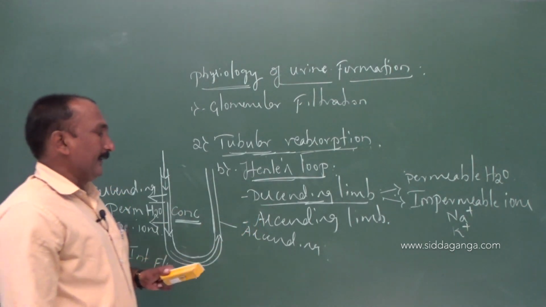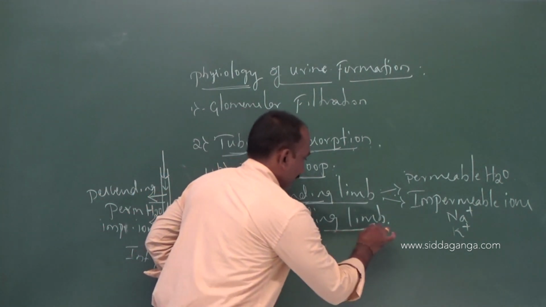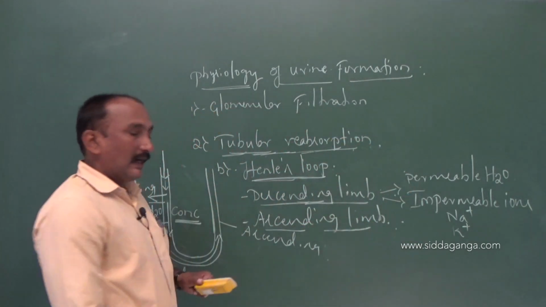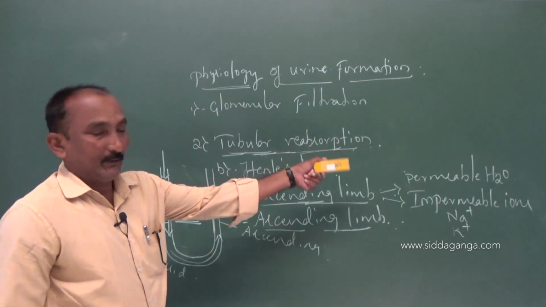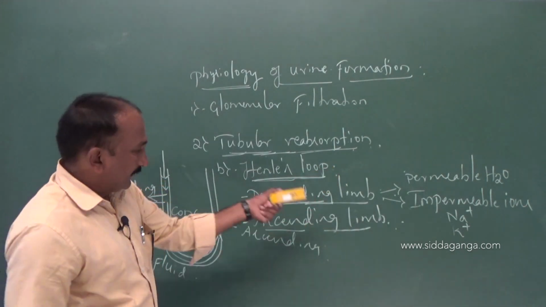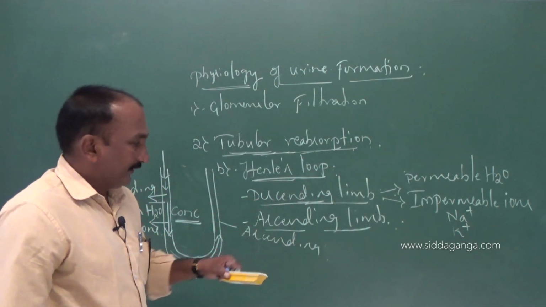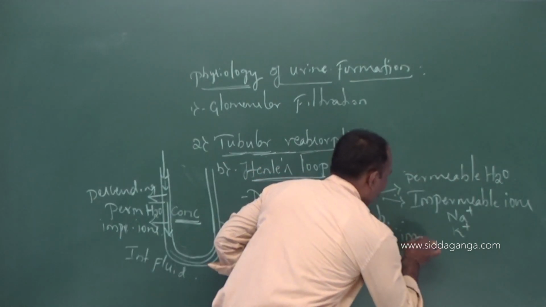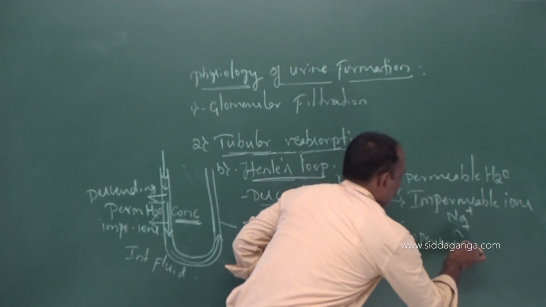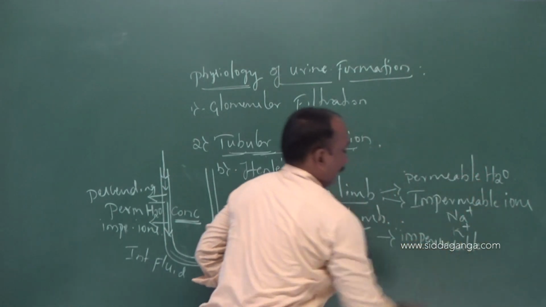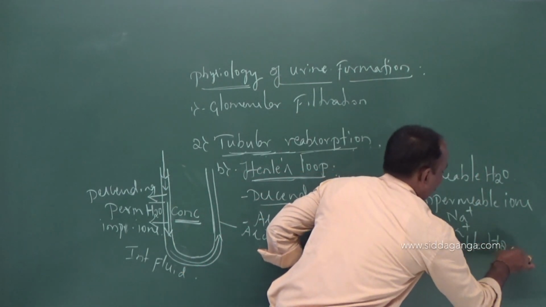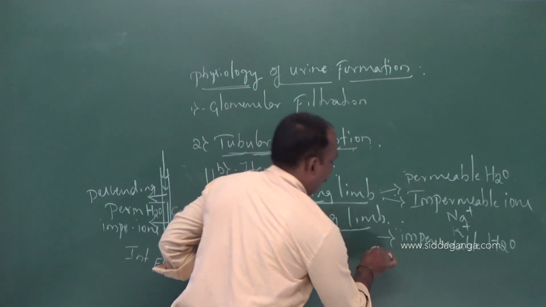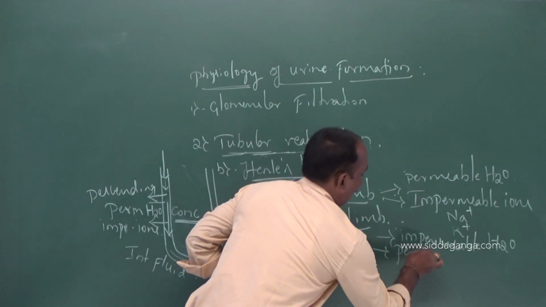You must know the nature of the ascending limb: it is opposite to the descending limb. How is it? The ascending limb is impermeable to water, but it is permeable to ions.